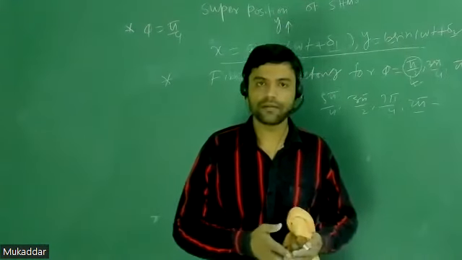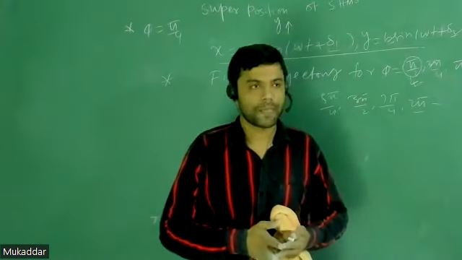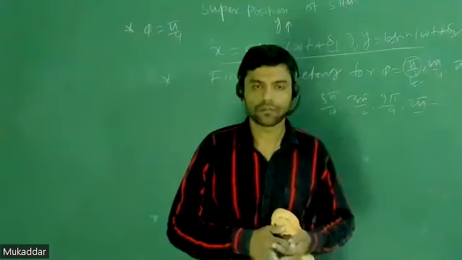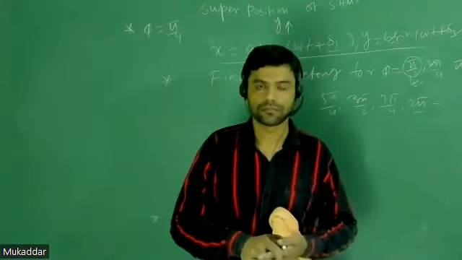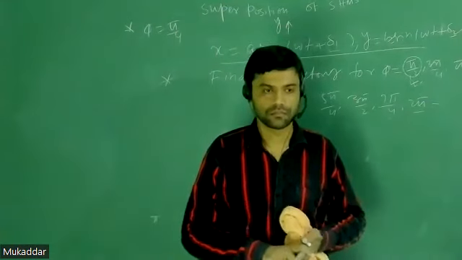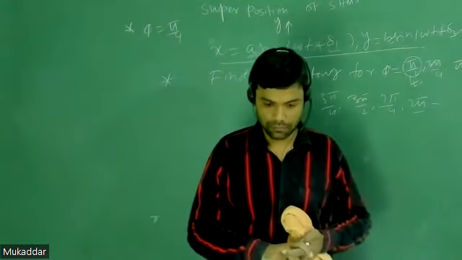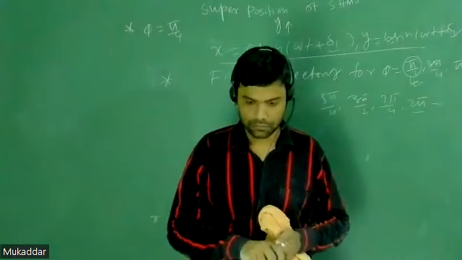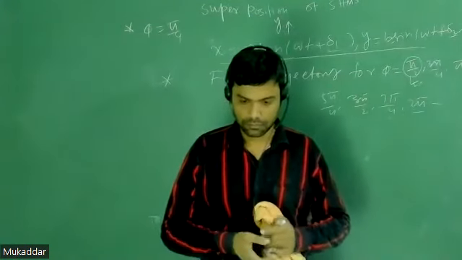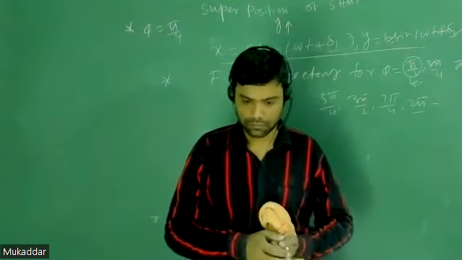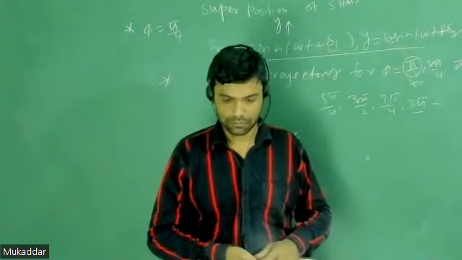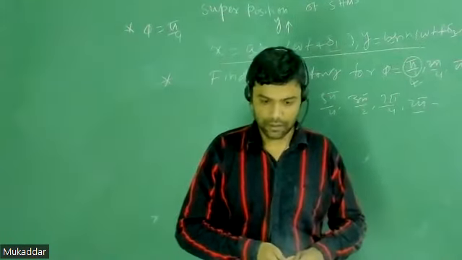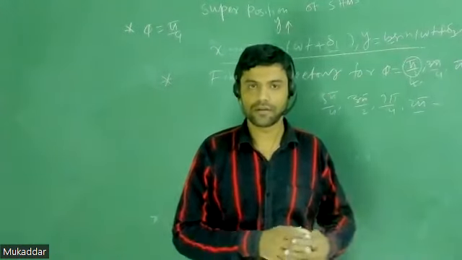I mean, the thing is the same, because x equals x1 plus x2 in the previous case, and here we substitute the expression of sine omega t from one equation into the other equation, and we get the final trajectory equation. What is the difference between these two? Again, there's no difference here.